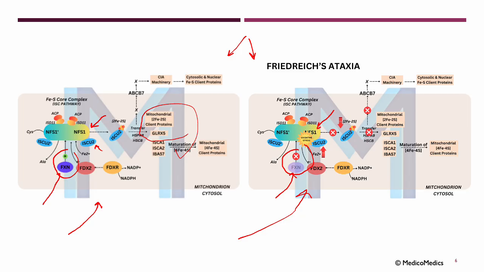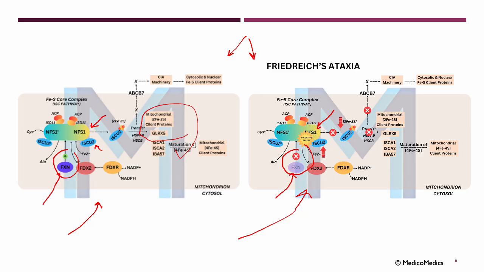So what does all of it mean? Without iron-sulfur clusters, energy production will be severely reduced, leading to nerve and muscle damage. So frataxin is like a missing worker in a factory.